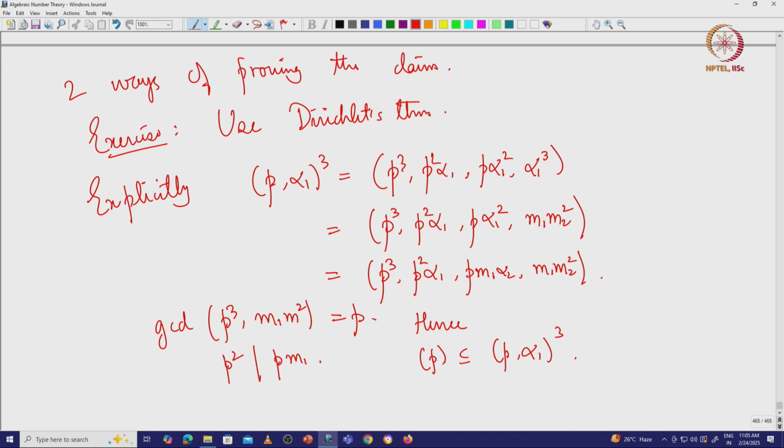On the other hand, we know that this cubed is contained in p alpha 1.